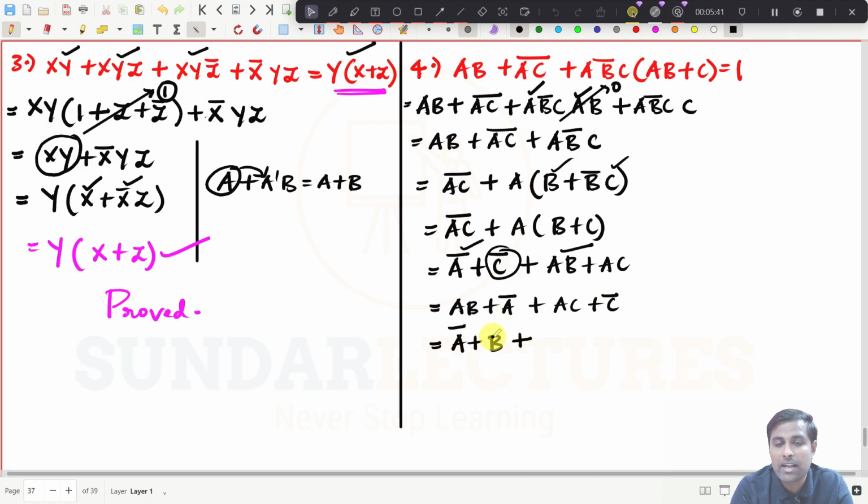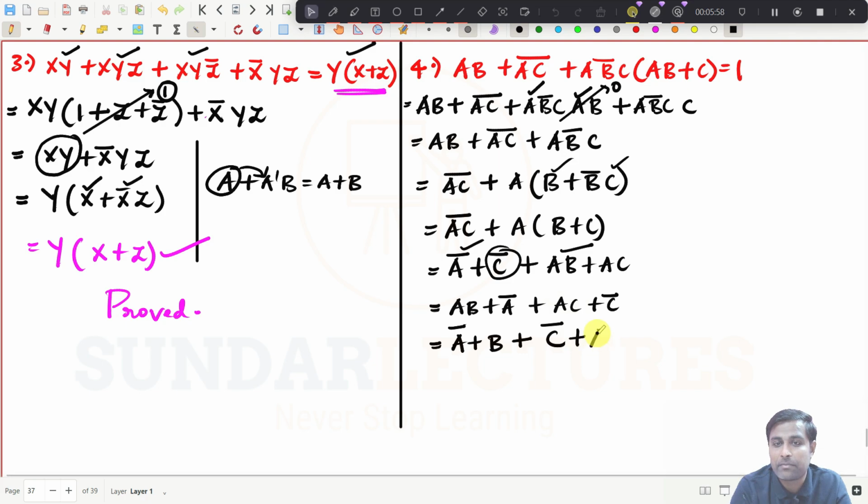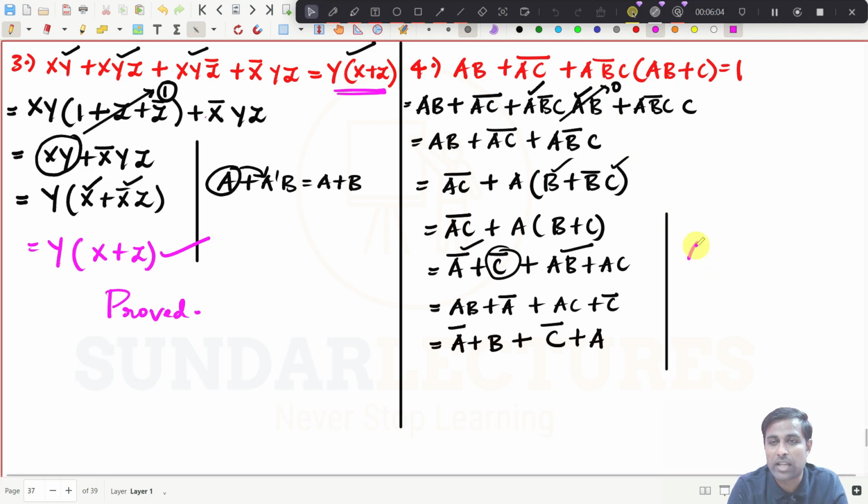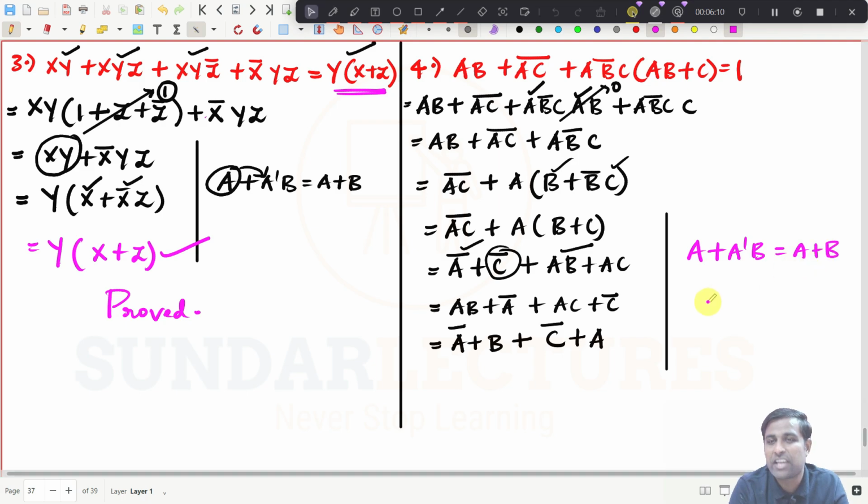So this a bar and then this b can be written, complemented function can be eliminated, and here this c bar can be written, and then you see here this complemented function should be eliminated, and I can write this a. See, try to understand one thing. So I will again write it down because so many students will get confused here. This term should be is equal to a plus b. I will explain you again.